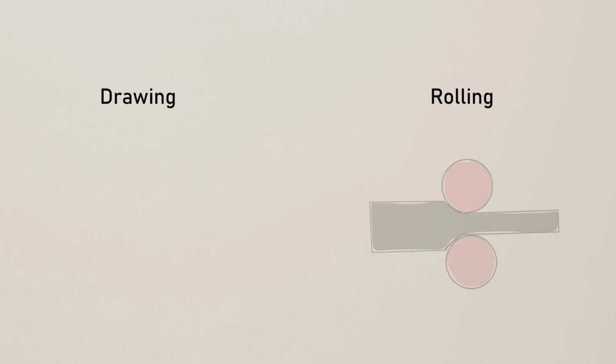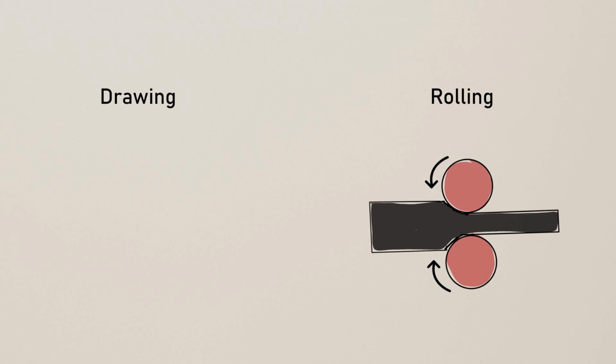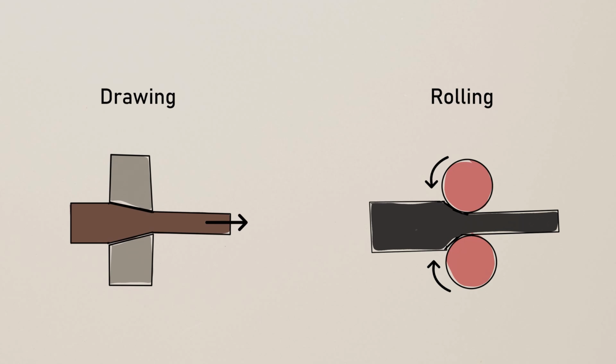Tensile force means pulling force, which creates tension in the material, which is the opposite of compression. And this is the key difference between drawing and rolling. In rolling, the material is compressed between rollers, but in drawing, the material is pulled, caused to stretch, undergo plastic deformation, and become thinner to achieve the desired shape and thickness.